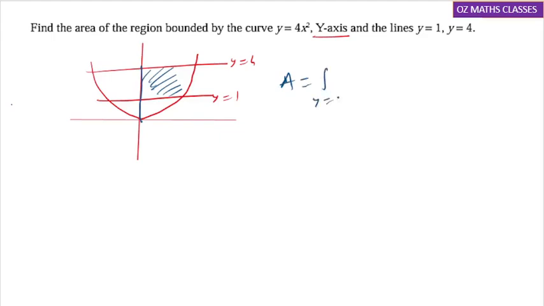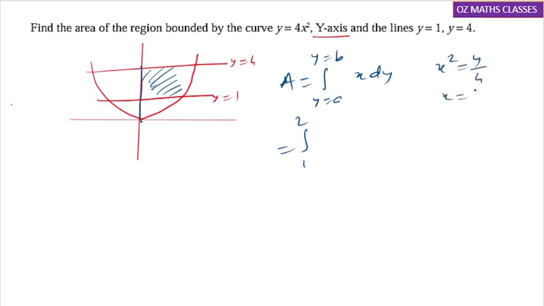So the area will be, I am taking the y coordinate as a limit, integral from ya to yb of x dy. So 1 to 4, and x. So from this curve, what will be x? x square is y by 4.